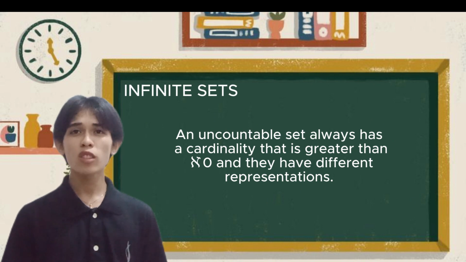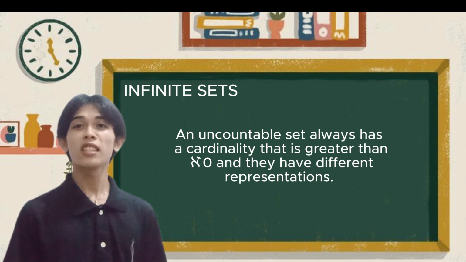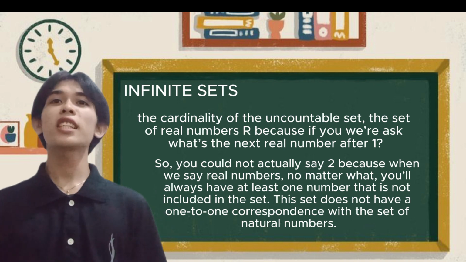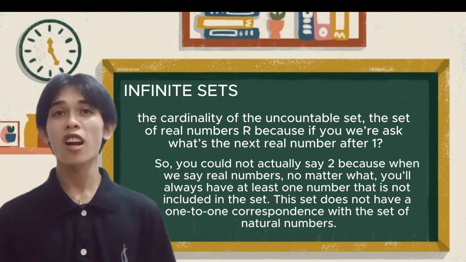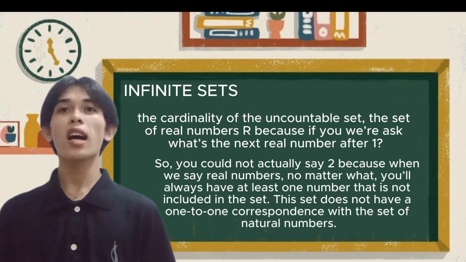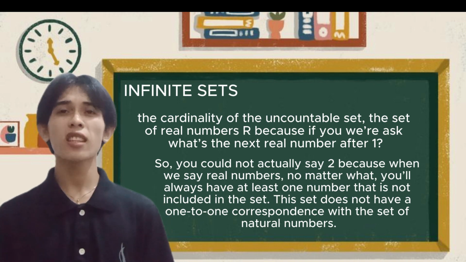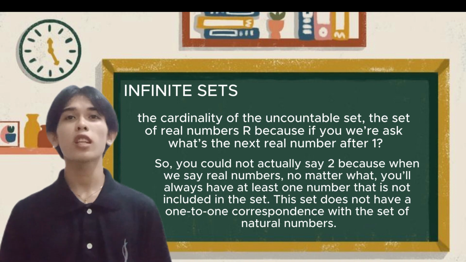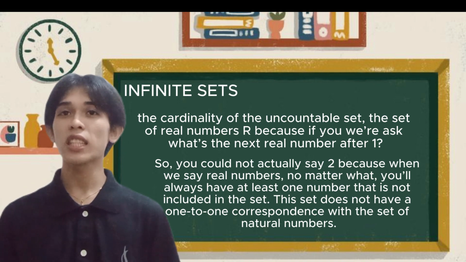An uncountable set always has a cardinality that is greater than the null, or ℵ₀, and they have different representations. For example, the cardinality of uncountable sets: the set of real numbers, or R. If you were to ask what's the next real number after 1, you could not actually say 2, because when we say real numbers, no matter what, you'll always have at least one number that is not included in the set.